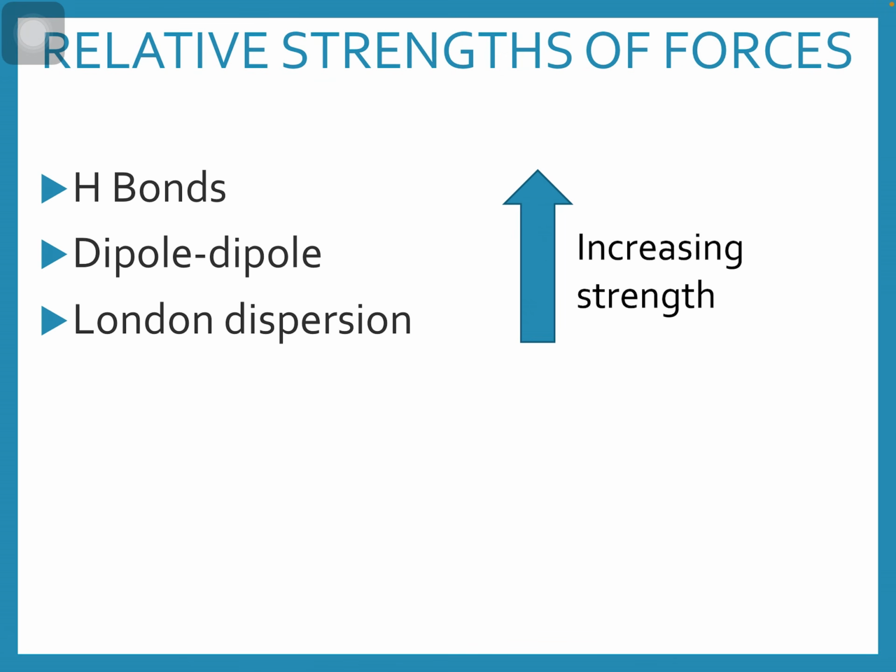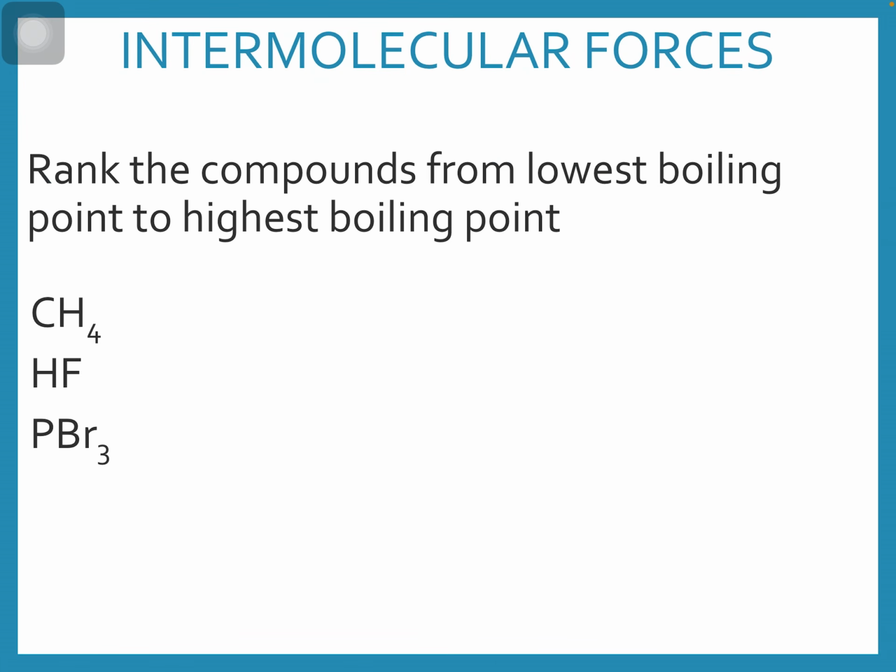Those are all intramolecular. Then we move to intermolecular, and the strongest is a hydrogen bond, then dipole, then London dispersion. Because of that, ionic compounds have forces holding them together that are stronger than intermolecular forces for molecular compounds, and so they are going to have much higher melting and boiling points.